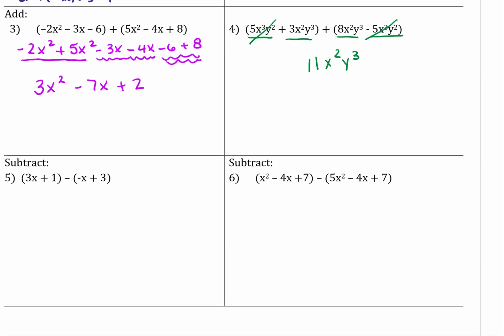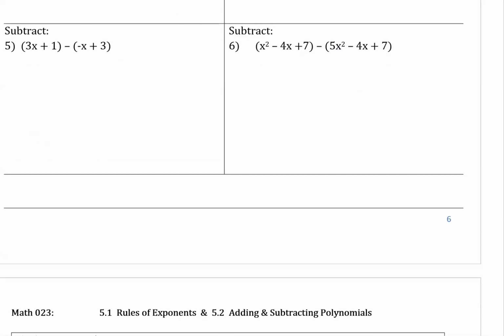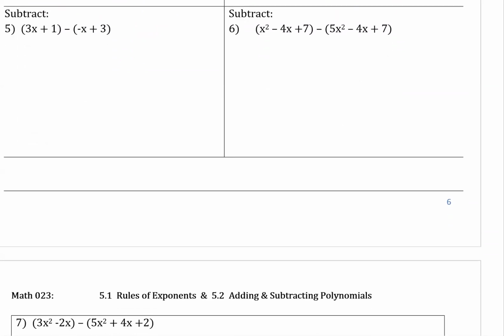Now let's subtract. When you subtract, you're going to add the opposite, or you're going to distribute the negative. So the negative has an effect on the parenthesis behind it.